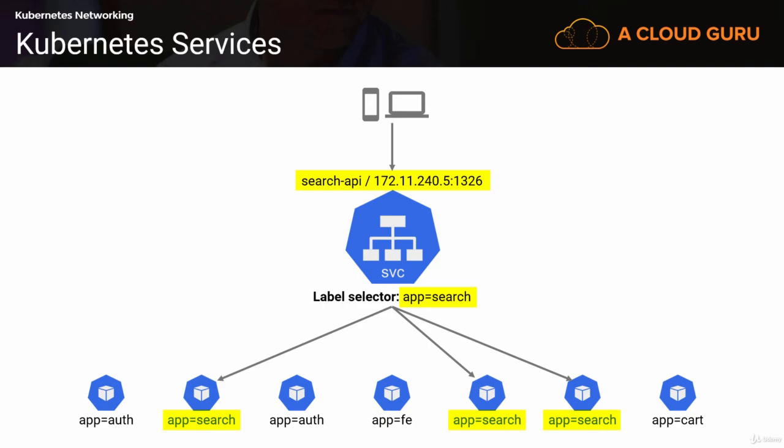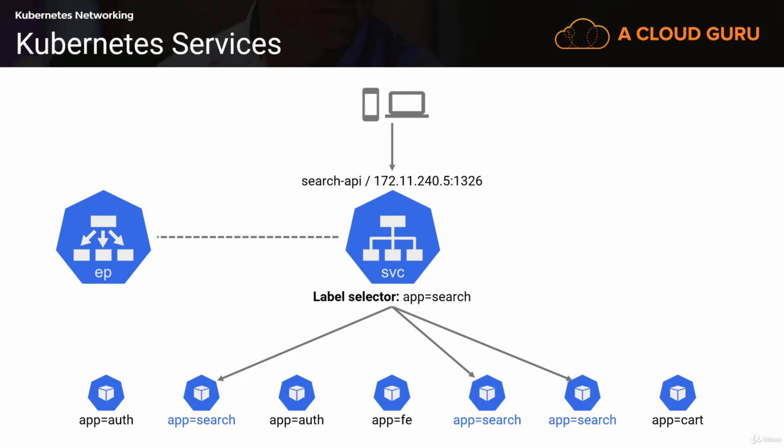Which again is cool and all right, but how does the service actually know which pods are alive and kicking? Well, I'm glad you asked. You see, when you create a service object with a label selector, Kubernetes also creates another object on the cluster called an endpoint object. And what that is, is a list of pod IPs and ports that match the service's label selector.